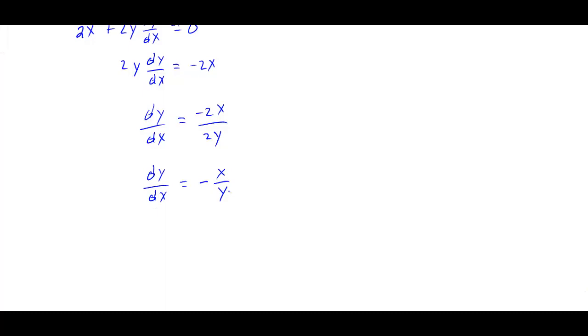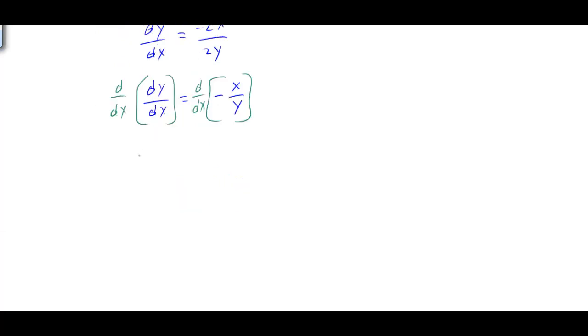And now we need to take the derivative again. To do that, we would take d/dx of both sides. When we take the derivative of the left-hand side, we're just going to end up with our second derivative here.